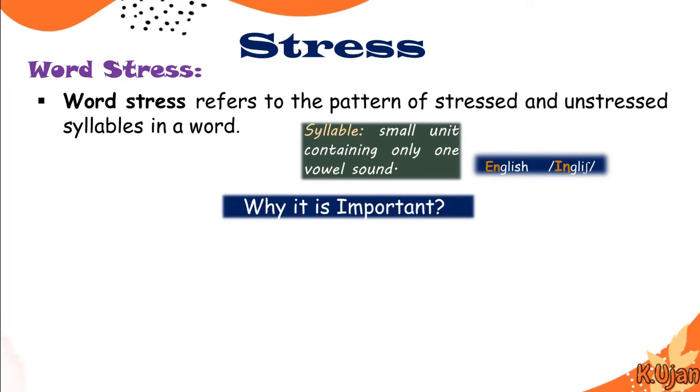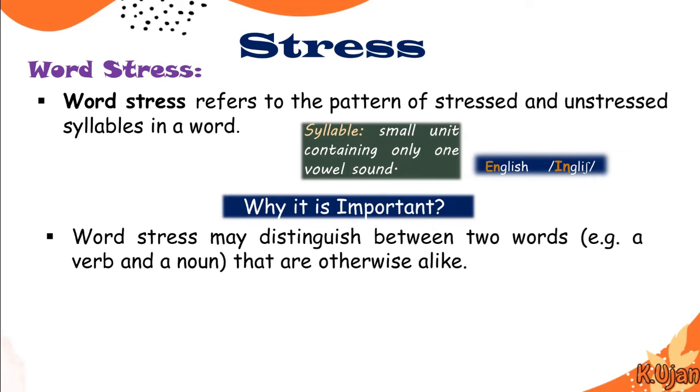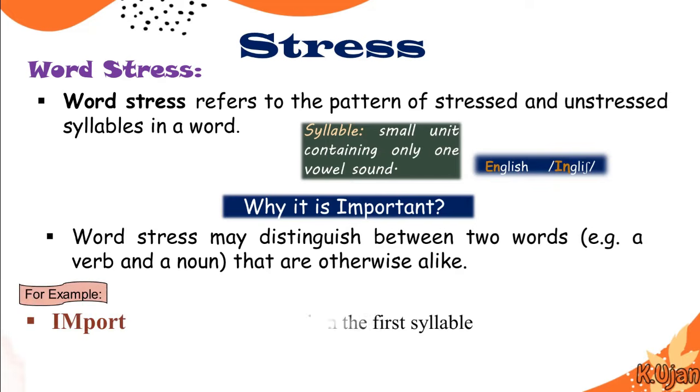Why is it important to learn stress? There are answers to this question. Word stress may distinguish between two words, for example a verb and a noun that are otherwise alike. Sometimes a word as a verb has a different pronunciation than as a noun. For example, the word import.